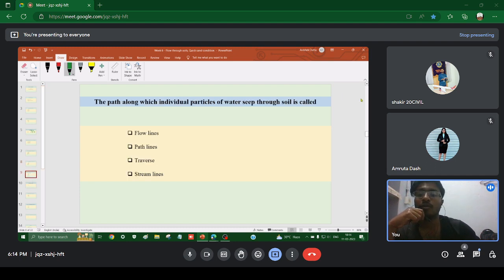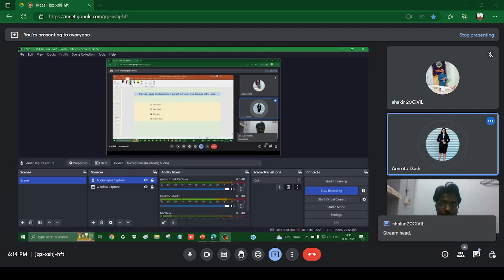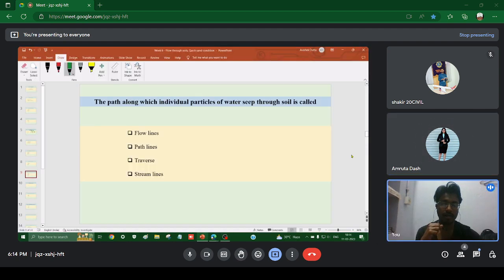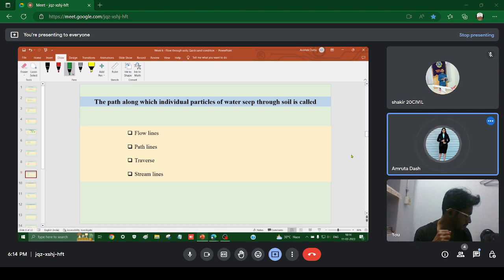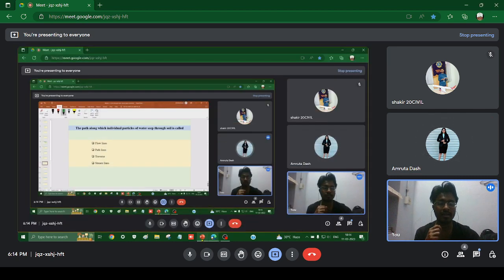Yes, the path along which individual particles of water seep through soil is called. What is the answer? Flow lines. Please write in the chat box your answer, because your mic, I think, is not working.